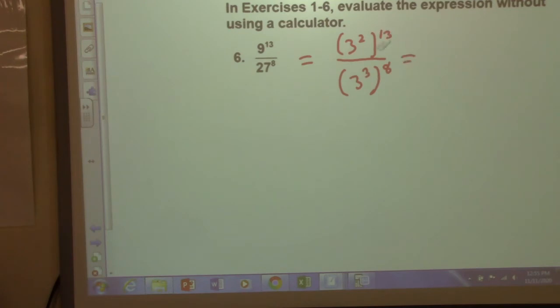And so what does this end up being here? 3 to the power of 26. And you have 3 to the 26th divided by 3 to the 24th, which is 3 to the second power, which is 9.